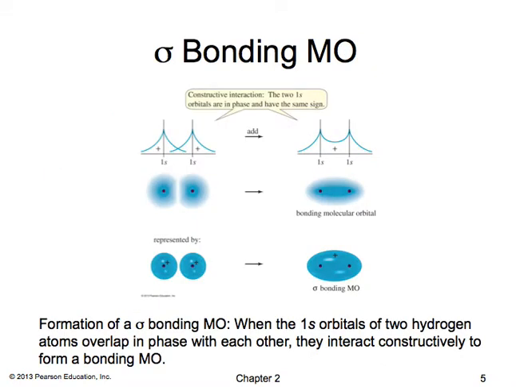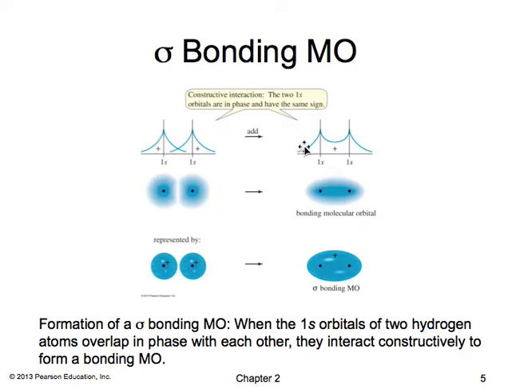Pictorially, here's a sigma bonding molecular orbital. If we take one s orbital, in the case of s orbitals there's no node in the center; you have the most electron density there, unlike the p orbitals we showed before. When you have another s orbital, they overlap, and the overlap is represented by two positives.